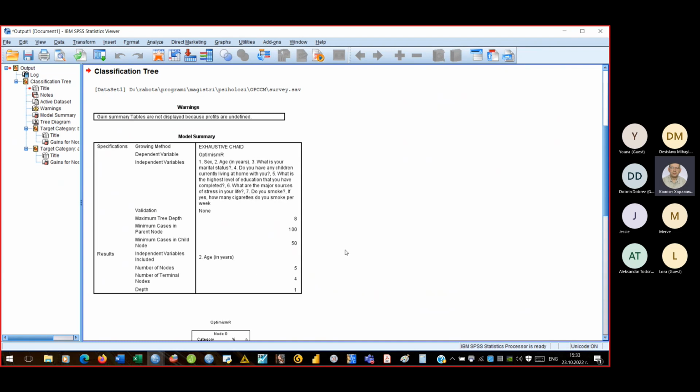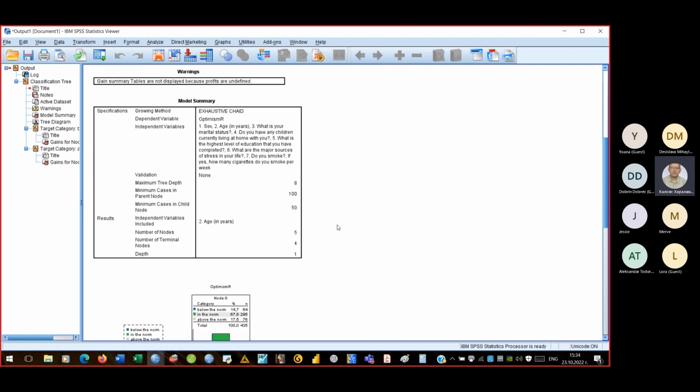First of all, this table, model summary, this table consists of 2 parts: specifications. These are specifications we already made, but the second part is results.